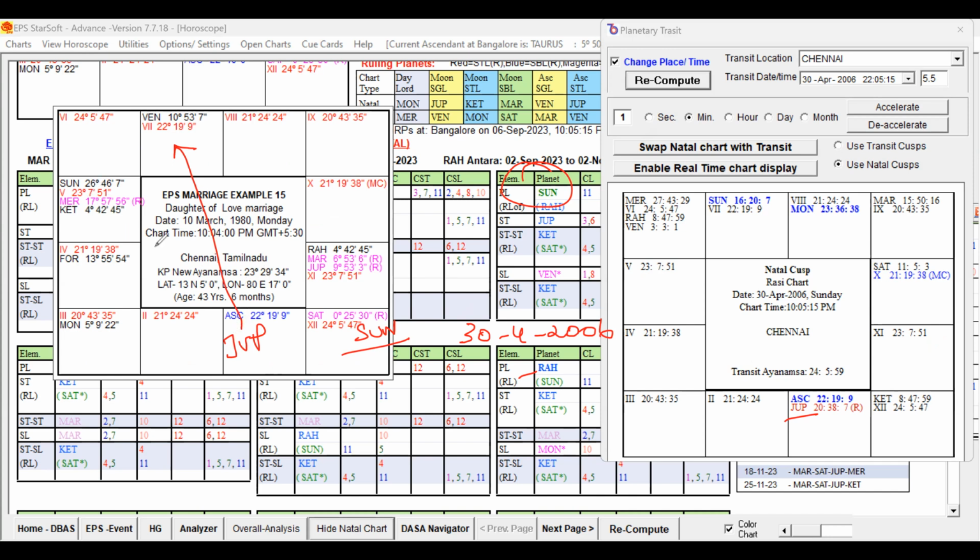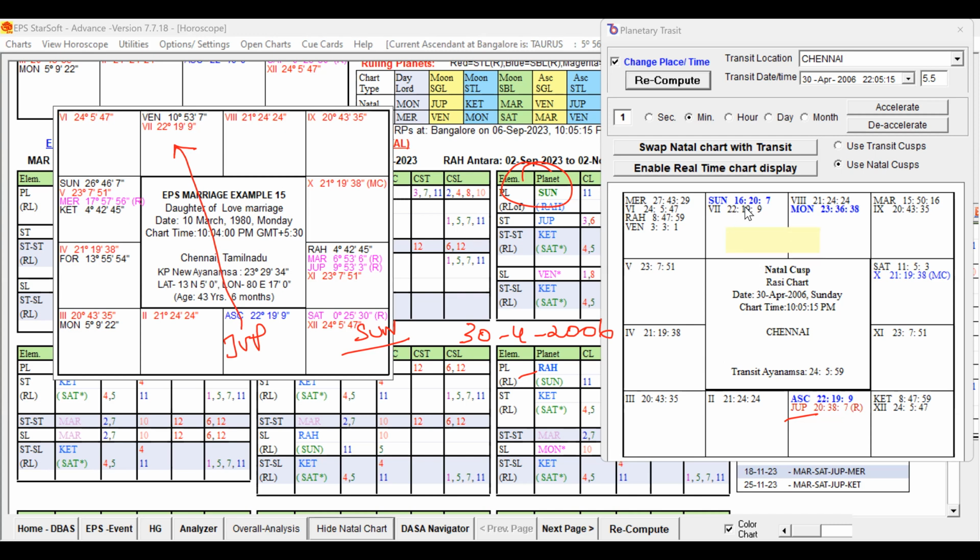Now which is the Dasa Lord? Dasa Lord is Sun Mahadasa. Where is Sun? Sun is in the sign of Mars and in the star of Venus. So Sun is in the star of Mars. Venus is the Antra Lord. That Venus is in the star of the key planet.